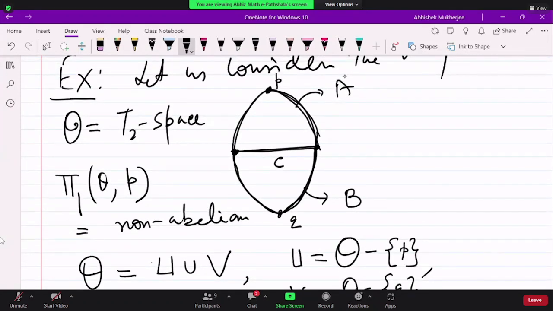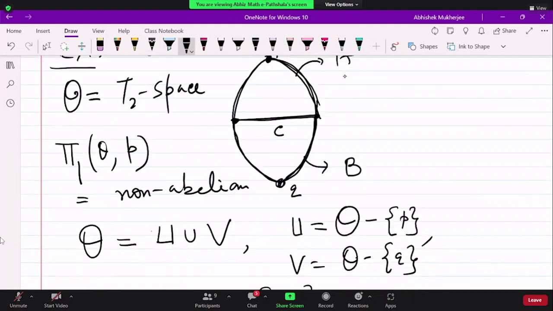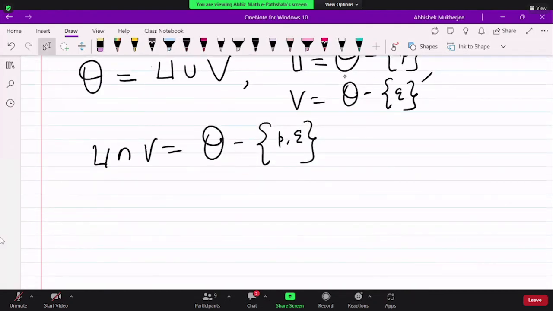You are deleting this one and this one, so the remaining spaces are two open arcs, and that will be homeomorphic to some open interval, which is a contractible space. Therefore this is simply connected.